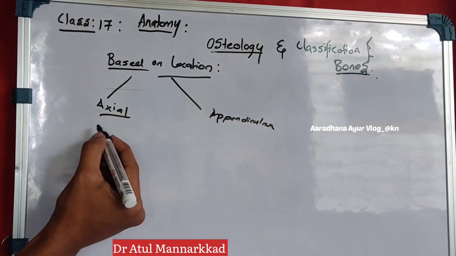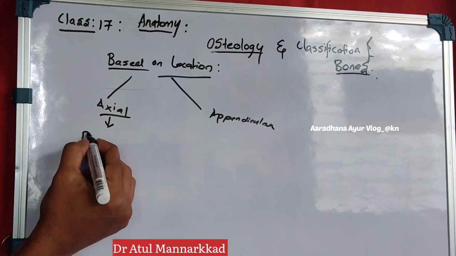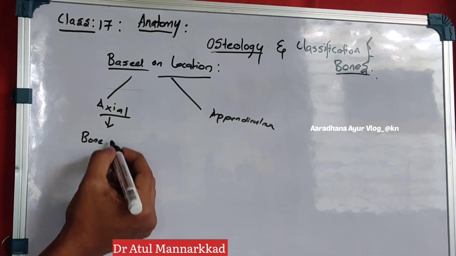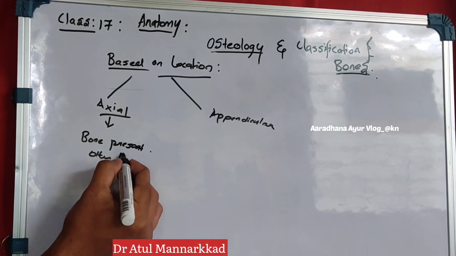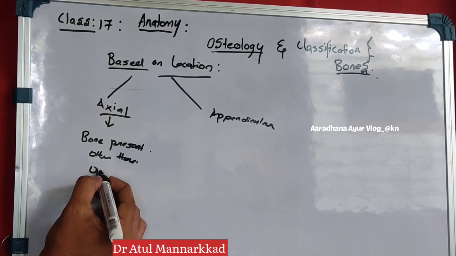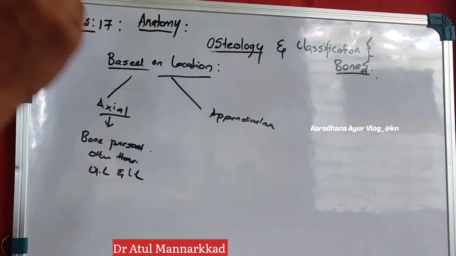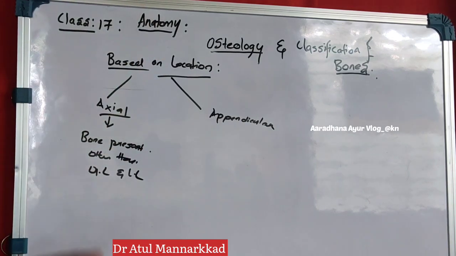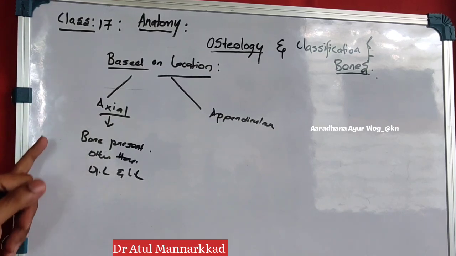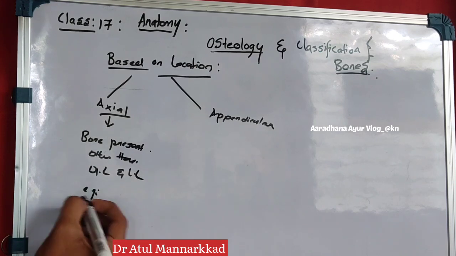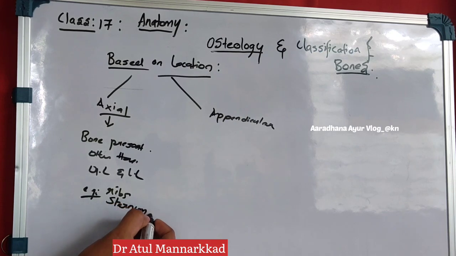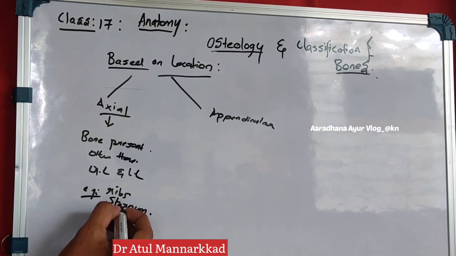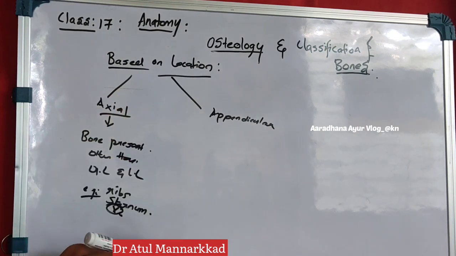Axial bones are the bones present other than in the upper limb and lower limb, for example the sternum, ribs, and vertebra.